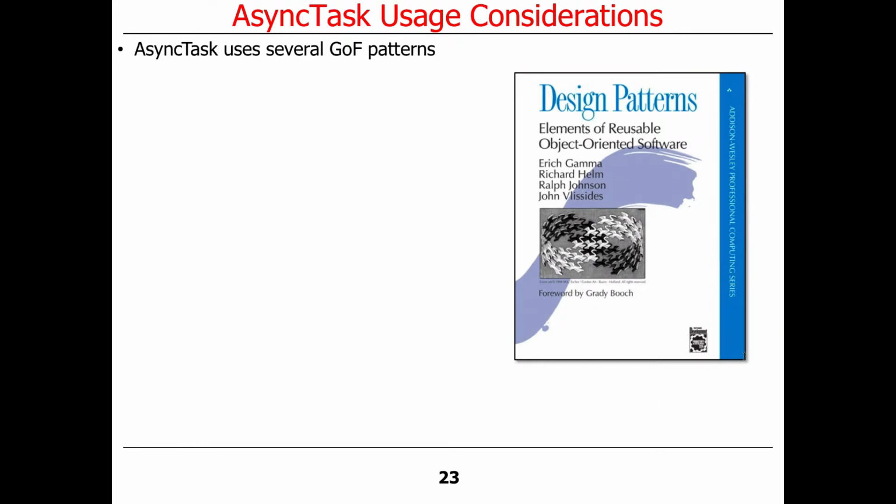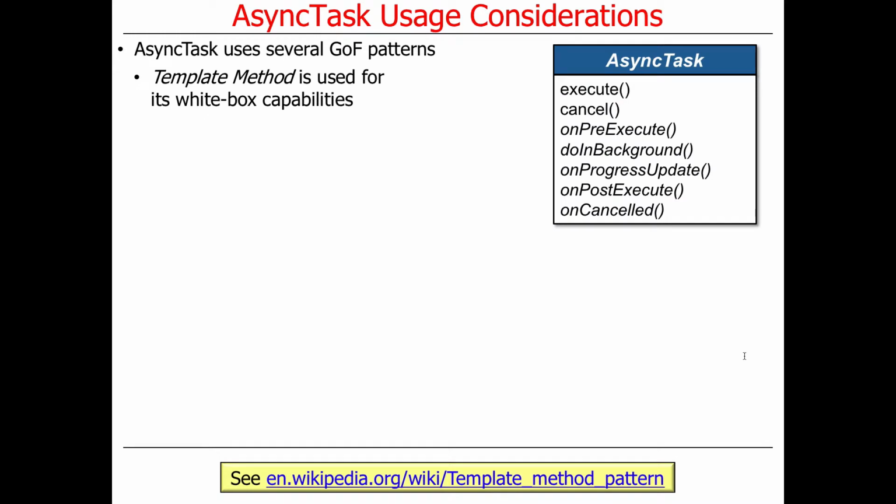There's a bunch of Gang of Four patterns that are in AsyncTask. The most obvious one is template method. Remember, template method defines an algorithm or the skeleton of an algorithm in a method called the template method.